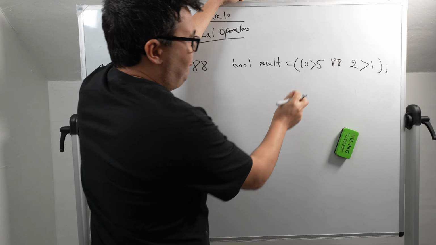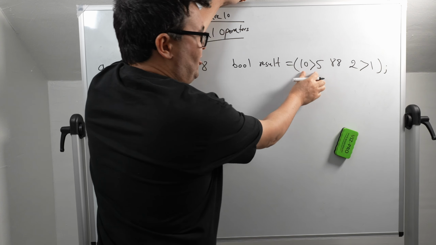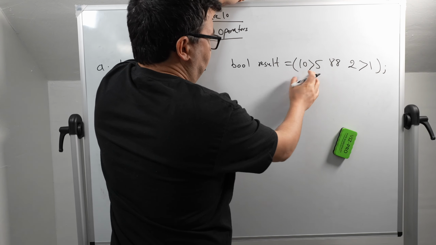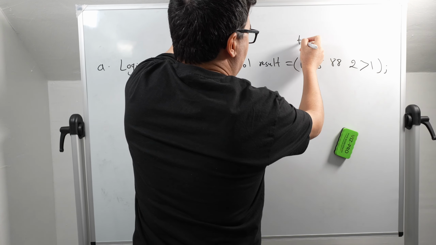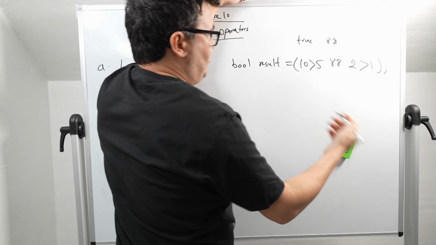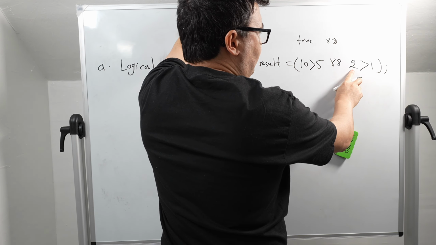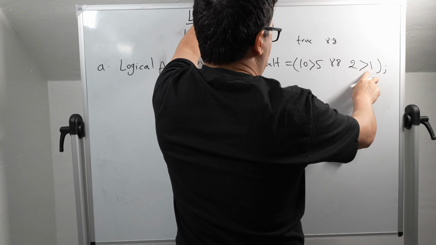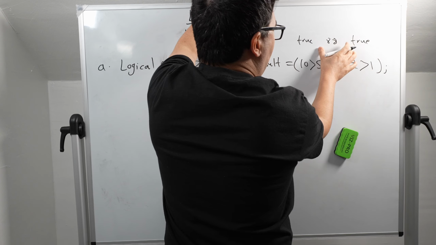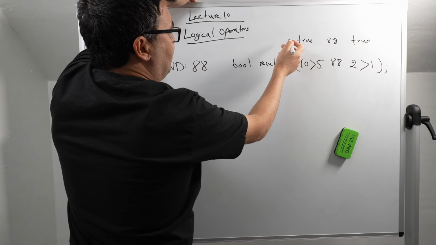In this case, we have two conditions. The first condition checks if the number 10 is larger than 5. Yes, that's larger, so the result is true. And we have the AND operator checking another condition: if number 2 is larger than 1, yes, that's also true. So if both conditions are true, the result will be true.